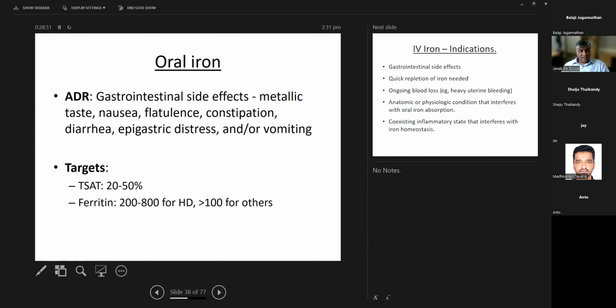But we do try and target increasing the serum ferritin, especially if the patient is on dialysis. And we can see that pushing the iron levels to normal or even supranormal levels can correct the anemia of chronic kidney disease that we see in stage 3, stage 4.